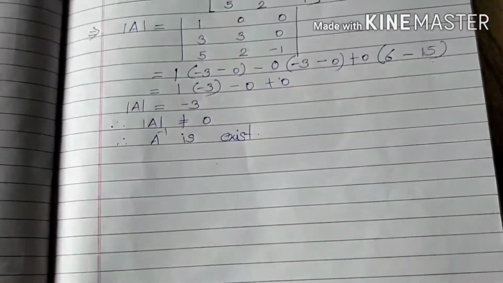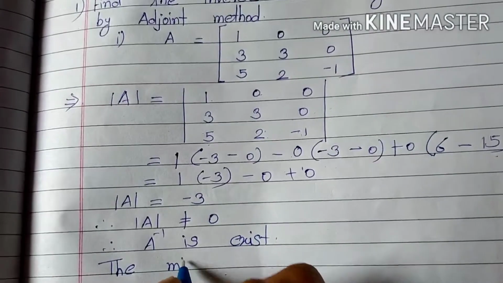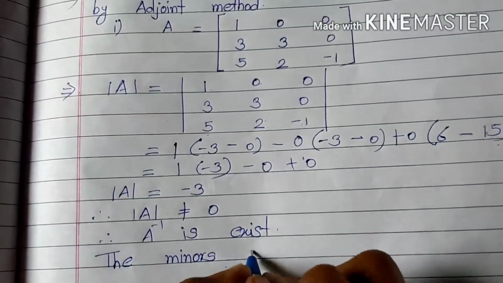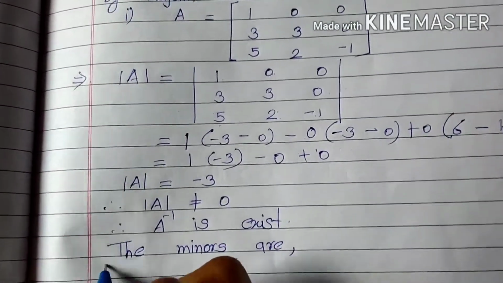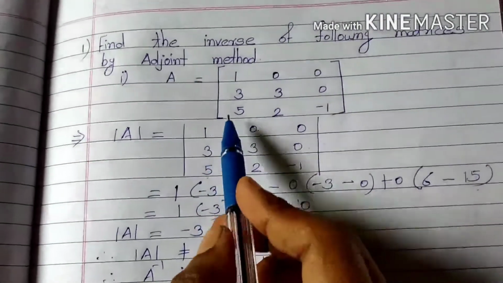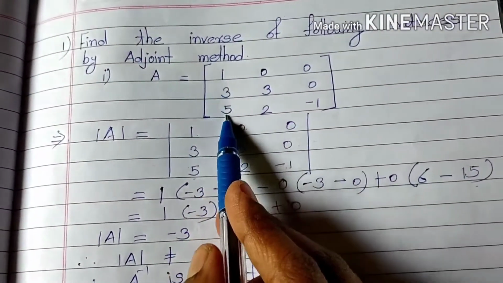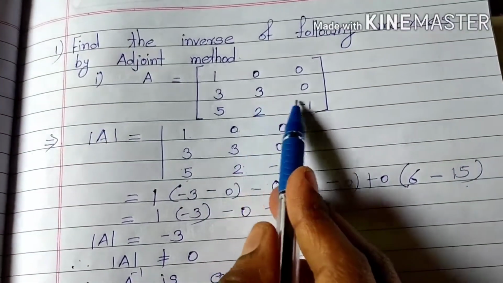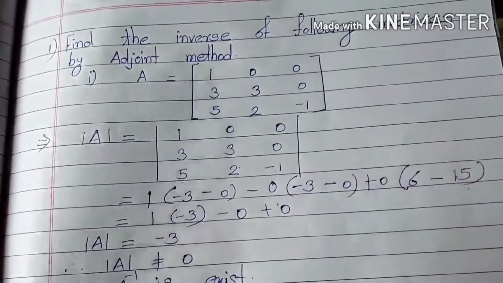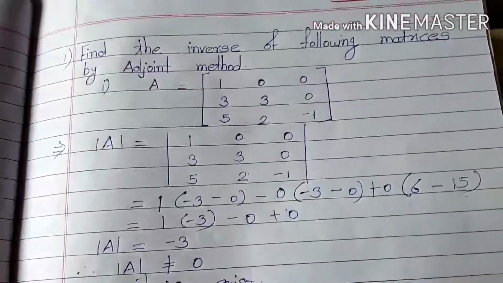Now find the minors. The minors are M11 is equal to, deleting the first row and first column, you get 3 into minus 1 minus 3 minus 2 into 0 0.